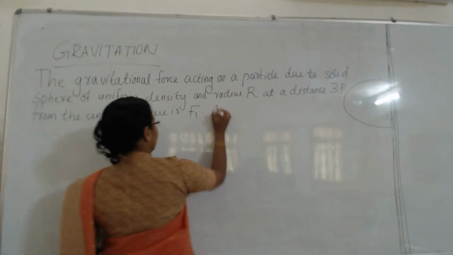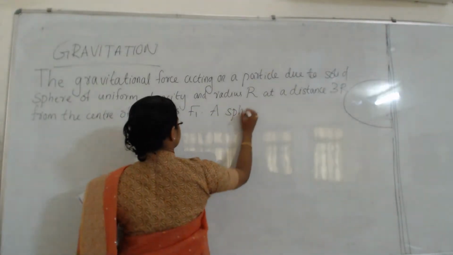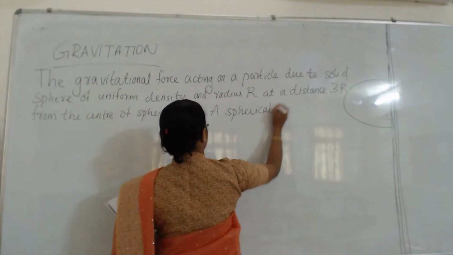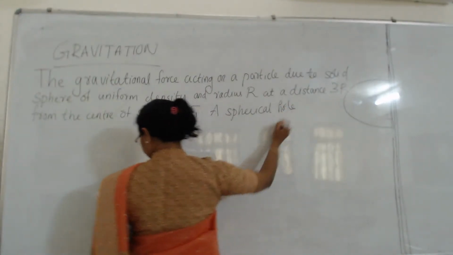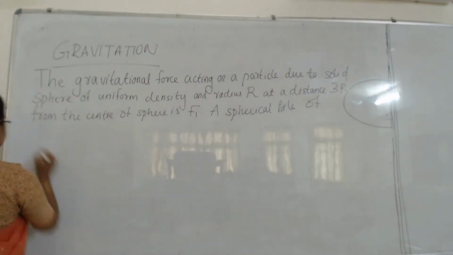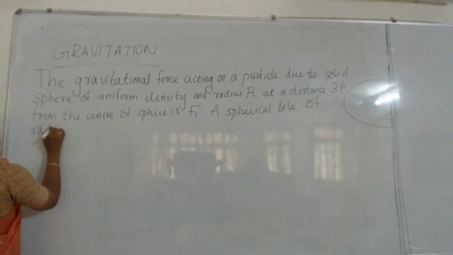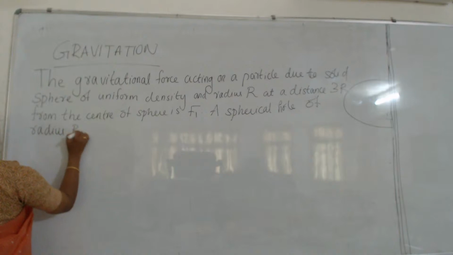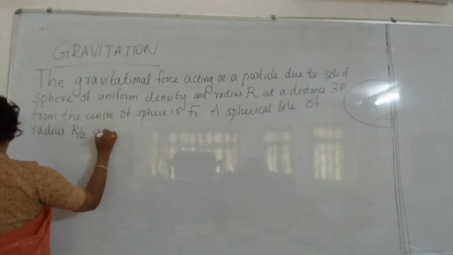A spherical hole of radius r by 2 is made.